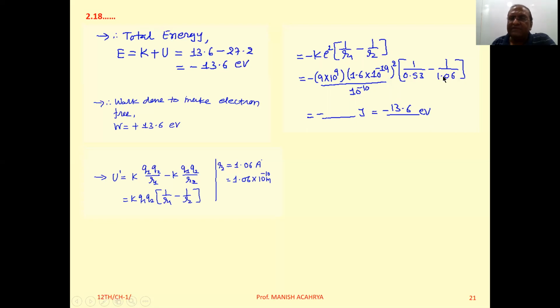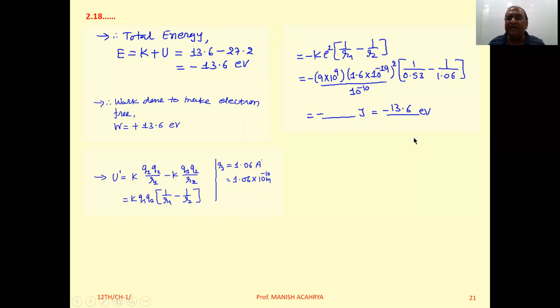And from this bracket, 1 upon 10 raised to minus 10 meter is taken common, so it is written here. Now if you solve this one, you will get the potential energy in terms of joule. Then if you divide it by 1.6 into 10 raised to minus 19, your answer will be in electron volt.